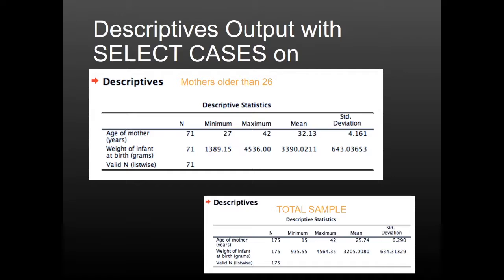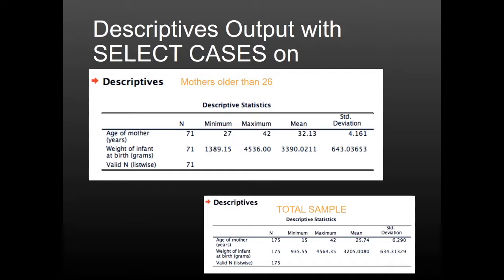And then the mean weight of the infant at birth is 3,205.008 grams, and the standard deviation is 634.3 grams.